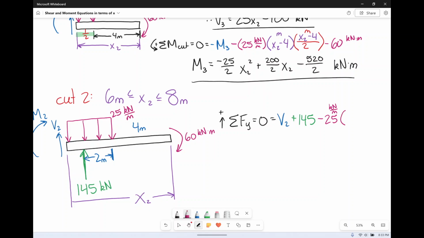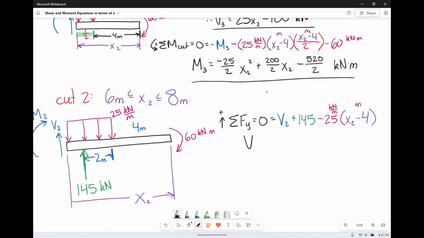So again, the distance is x2 minus 4 in meters. So the only thing that changed from our last cut to this one was we just shunted in this 145. So that's actually not too terrible.